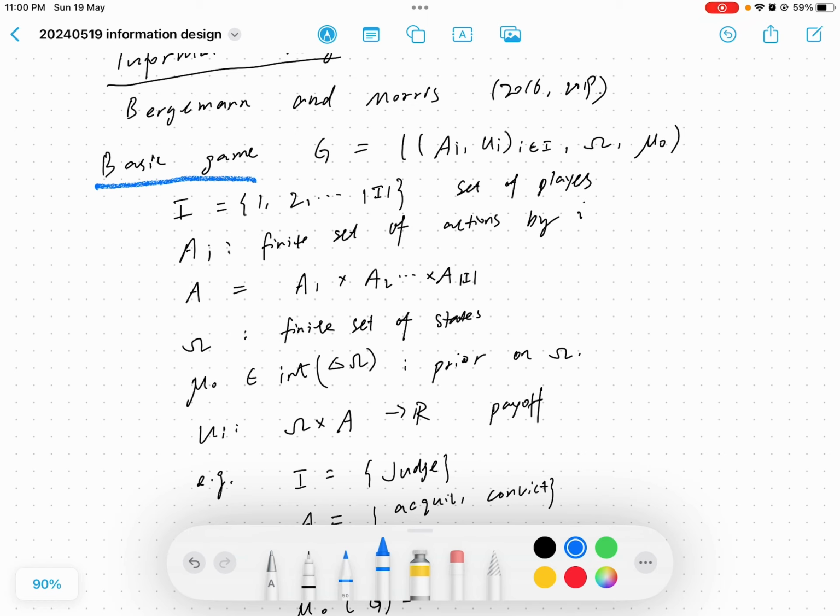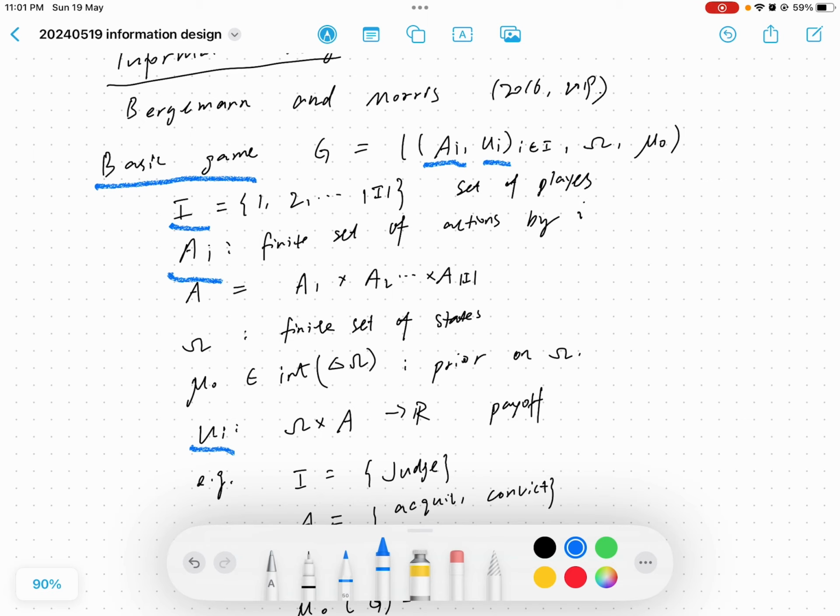This G has some ingredients, and this A_i is the finite set of the actions by player i. Accordingly, this player i is just an element in this set of the players. So A_i is the action set, and u_i, of course, is the payoff, the utility function.